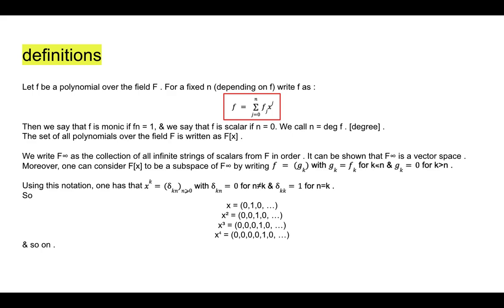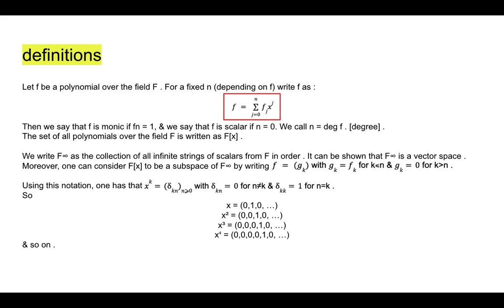The set of polynomials over the field F is written as F[x]. x is the variable unknown that we use in our polynomials. Now, F infinity is the collection of infinite strings of scalars from F in order.